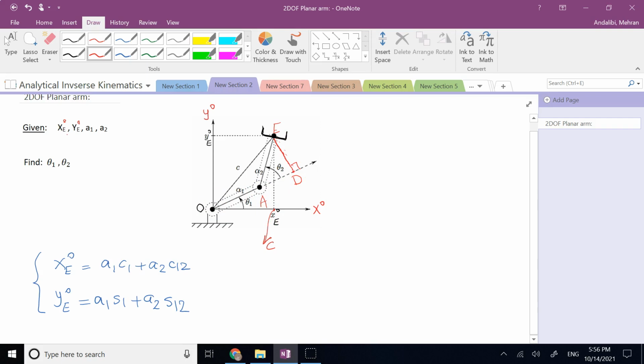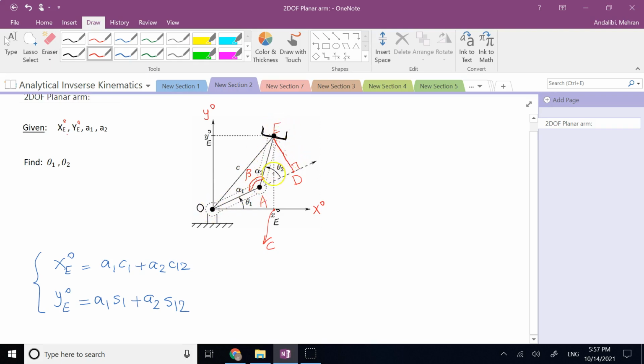Good. First question is, if I want to find this angle here, maybe I call it angle beta, how do I find angle beta? Well, angle beta is in the triangle OEA.